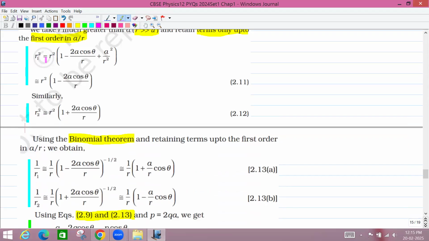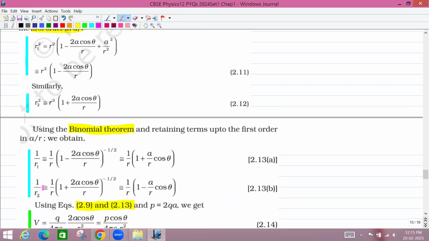Take the reciprocal of this one, it will become 1 by r, and 1 by r square. Take the square, it will become 1 by r, and this one, reciprocal means it will become minus 1, and then take the square root, it will become minus half. So this one is raised to the power minus half. Similarly, 1 by r2 is the reciprocal of this one and the square root. So this will become 1 by r, this will become minus 1, and then the root will become minus half.